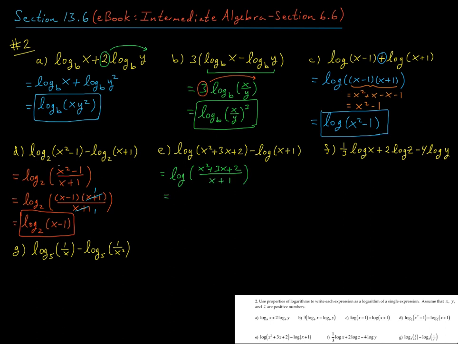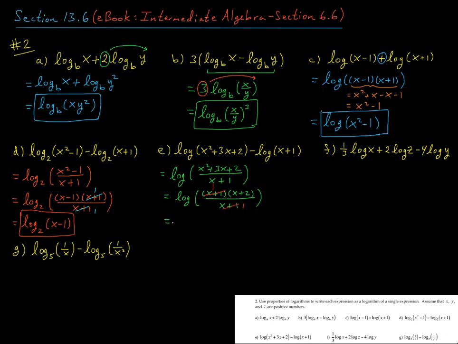Okay, and then much like we saw in part D, I can factor that numerator. Let's go ahead and factor that as x plus 1 times x plus 2. And then we're dividing that by x plus 1. And I can go ahead and divide out this common factor of x plus 1.